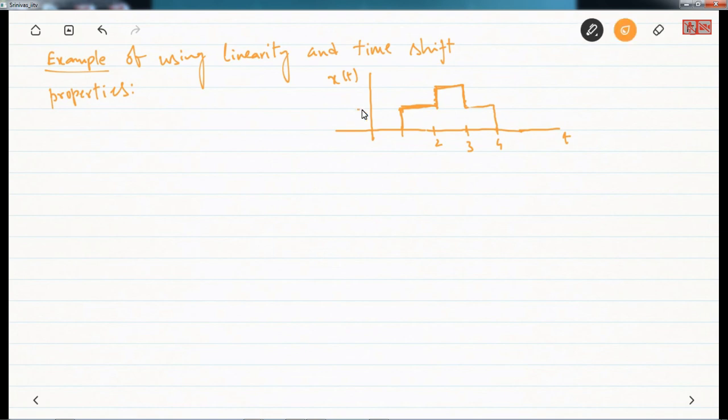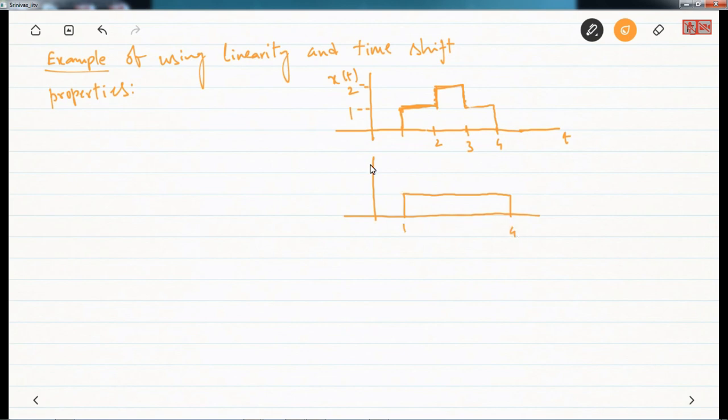So this is level 1, this is level 2. If you are asked to find the Fourier transform of this, you can find it directly using this signal, or you can decompose this signal into two signals, where one signal is from here to here.